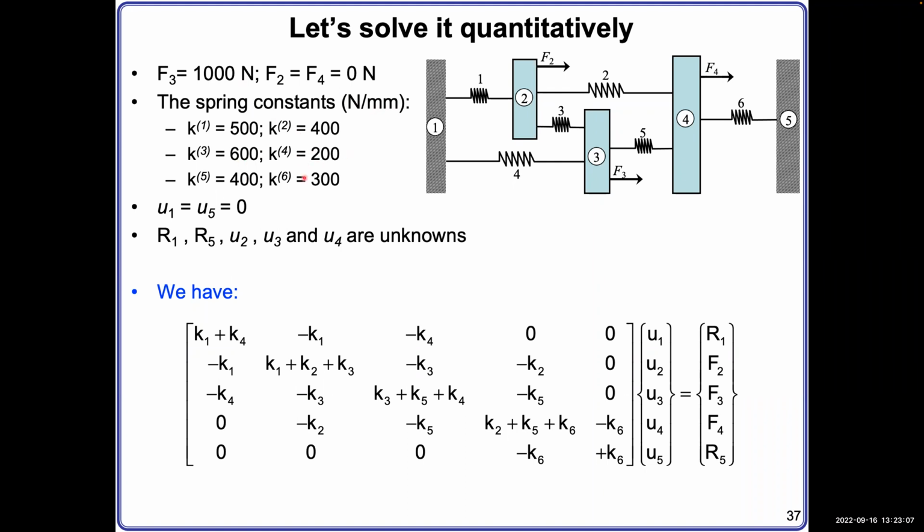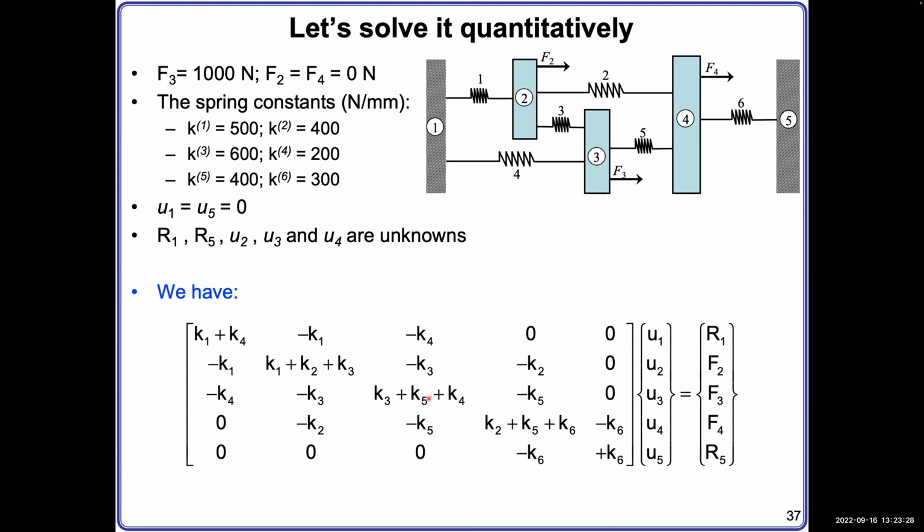Now here we have 6 springs, and they have 6 spring constants. U1, U5 we already know. Those are the boundary conditions, 0, and the unknowns are R1, R5, and U2 to U4. Once we know these numbers, you first assemble the equation following the way we discussed.